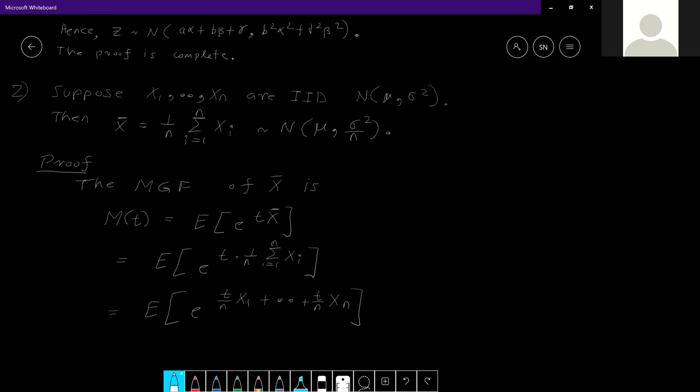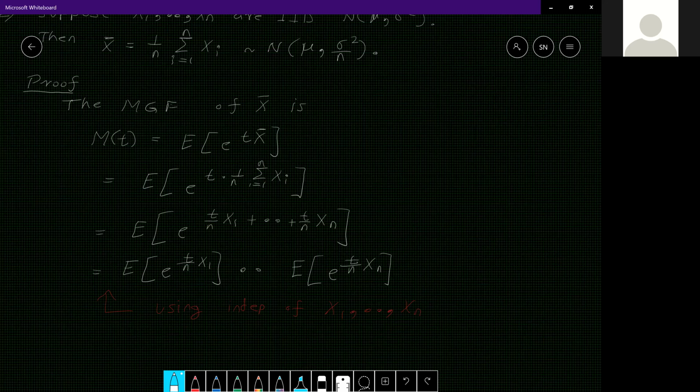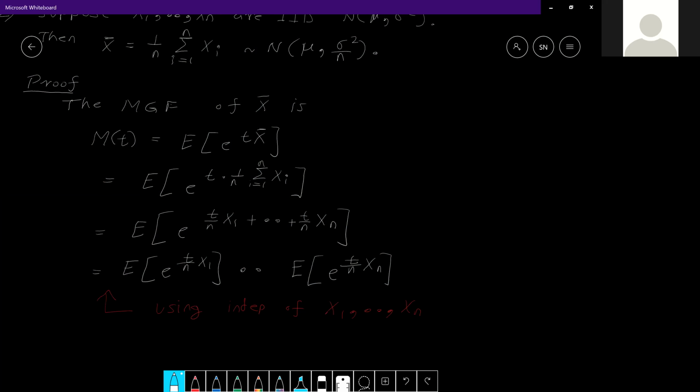Now because x1 to xn are independent variables, you can write this like this, using independence. What you have here is the MGF of x1 with t replaced by t over n.